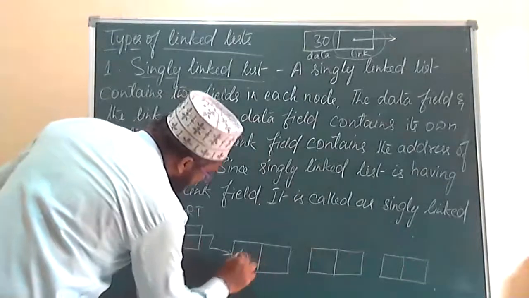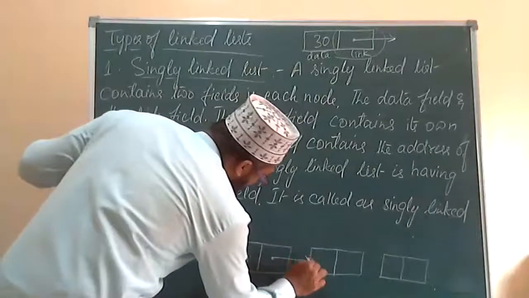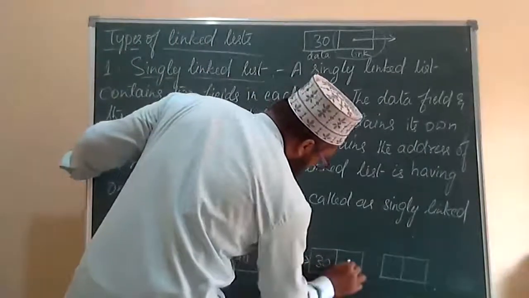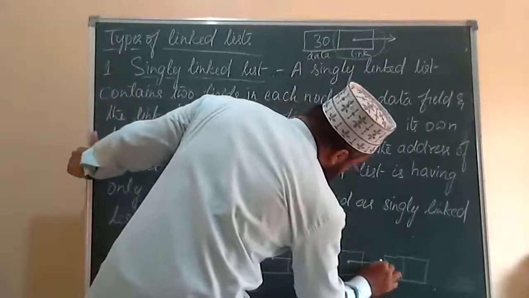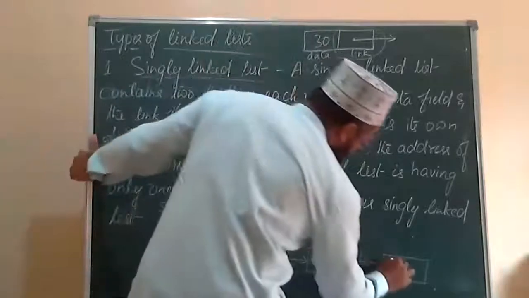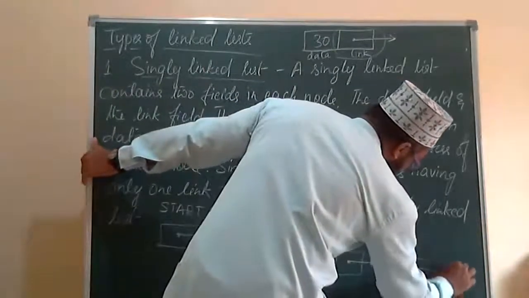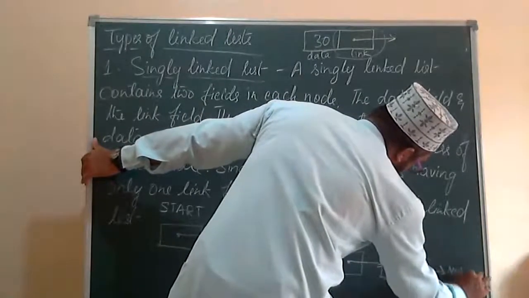It contains some data, and this field of a node contains the address of the next node, and this contains some data. This link field contains the address of the next node, and this contains some data. And finally, this shows null here.